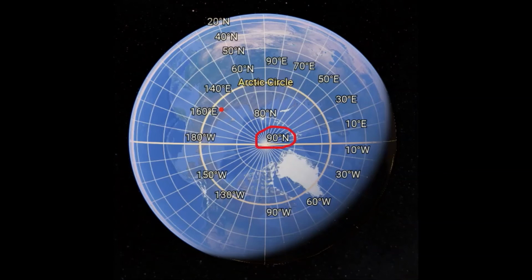Then I'm going to go to the next line here, and I'm going to highlight the 80 degrees north line because that's my point of reference to count down. So there's 80 degrees north. Then I'm going to go to the next line, and there's where the red dot is. Here it is, boom. And I'm highlighting it here to show you that that's going to be 70 degrees north.